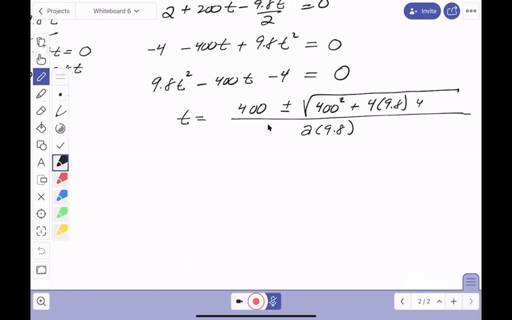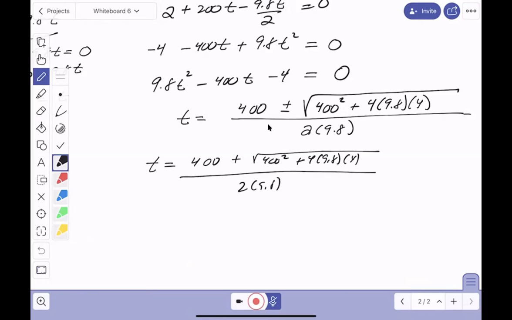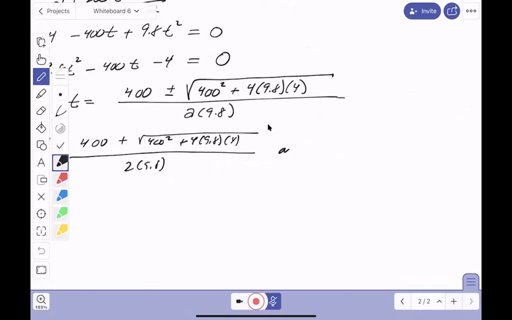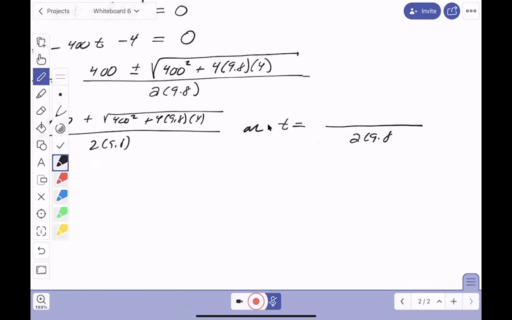So I'm going to put this over here. Now, what do I know? I hope you can think without using a calculator at this point. This is going to be plus 400 squared plus 4 times 9.8 times 4, over 2 times 9.8. Or t is equal to, the reason I write this down is I want you to think about it. Thinking is an important skill to acquire. Minus this thing over here.